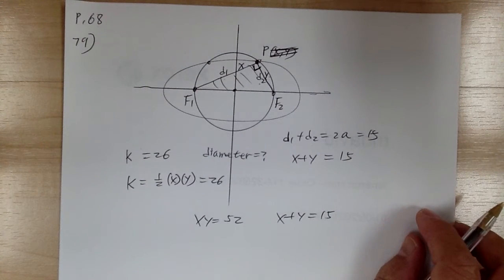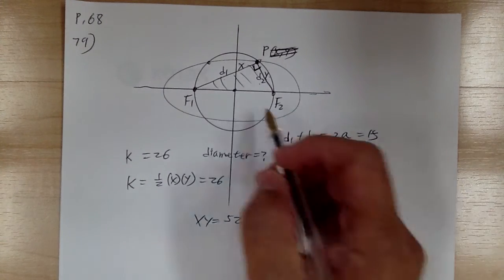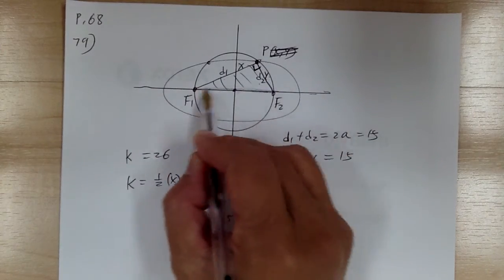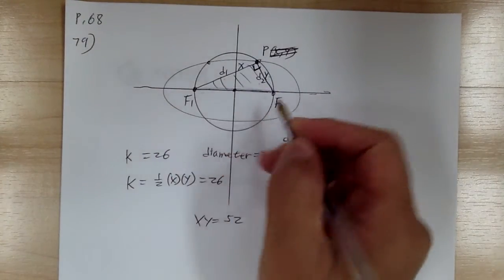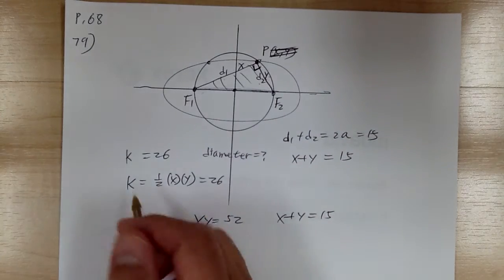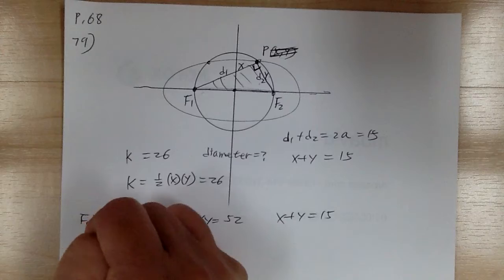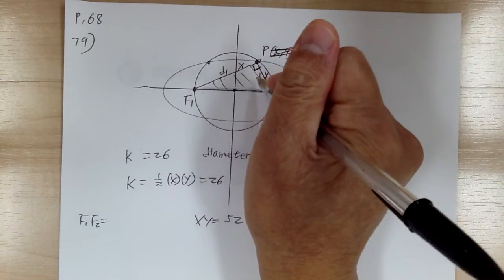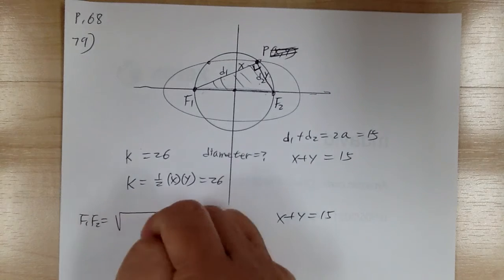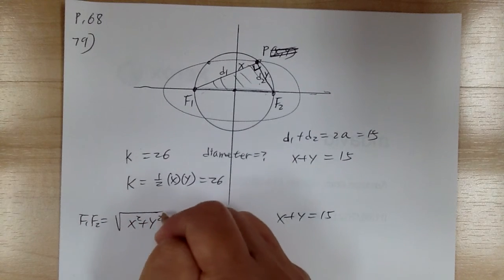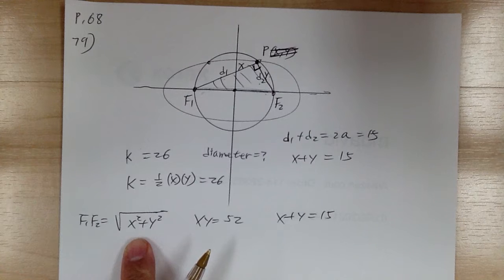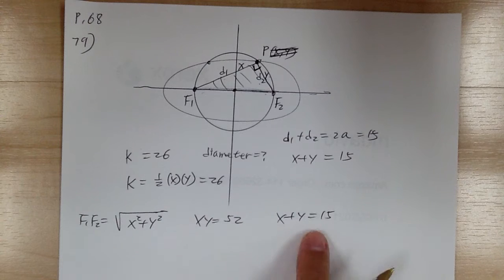We're looking for this over here, the diameter, F1 F2. Because this is a right triangle, this will be the hypotenuse, so it equals the square root of x squared plus y squared. That's what we're looking for. To solve, we use the trick we learned before: square this equation.